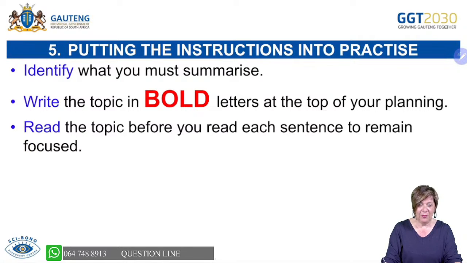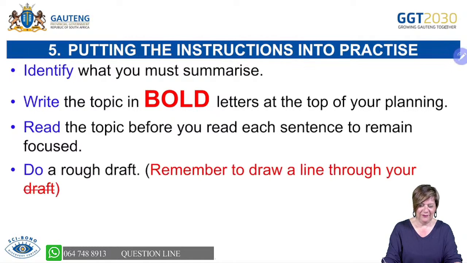Read the topic before you read every sentence to make sure that the sentence you are choosing corresponds with the topic. Please remember to do a rough draft. But most important, you have to draw a line through your rough draft. We will only be marking the final.